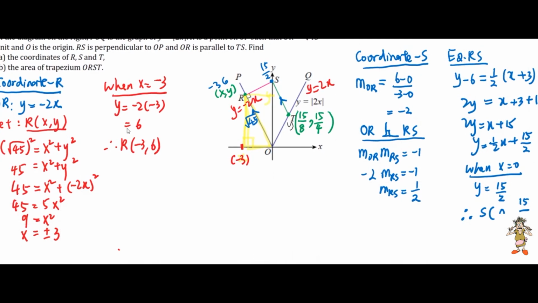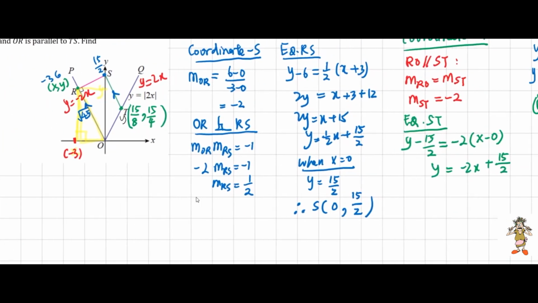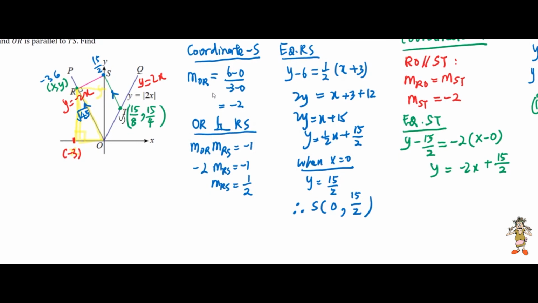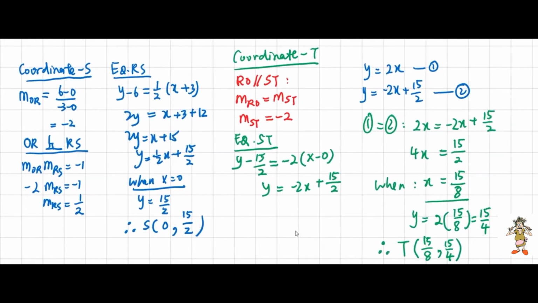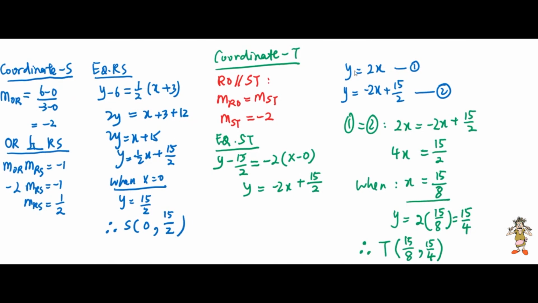The coordinate of R is negative 3 and 6. For the coordinate of S, we use the perpendicular gradient function, and we find S is 0 and 15/2. For the coordinate of T, we use the intersection point between two lines, and we find that T equals 15/8 and 15/4.